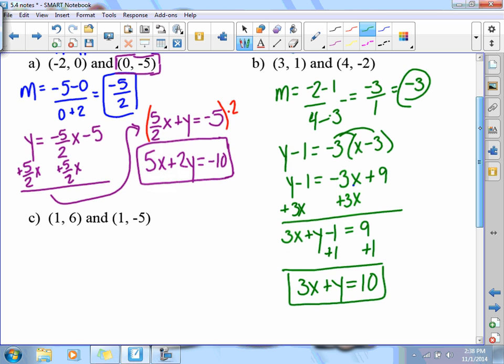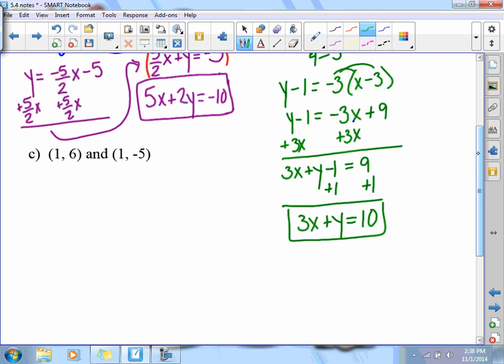Now for part C, I want you to be a little analytical here. I want you to look at these ordered pairs. It says write the equation of the line that passes through the 2 points. And look carefully at these ordered pairs. Both of them have a 1 for the x value. So if we think of this graphically for just a moment, I'd have to go over 1 and up 6 to plot my first point.